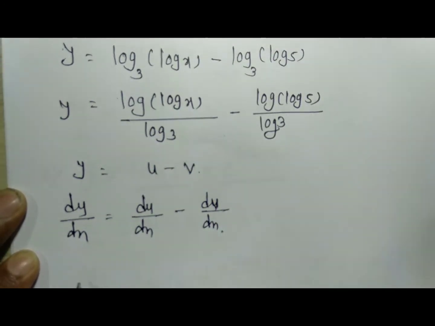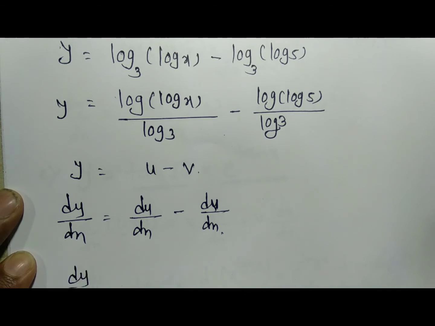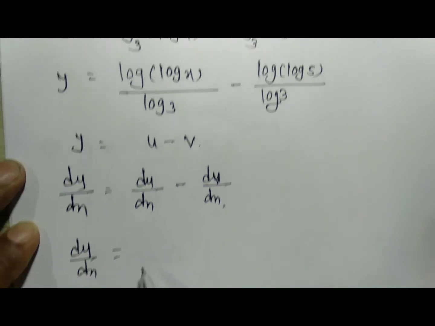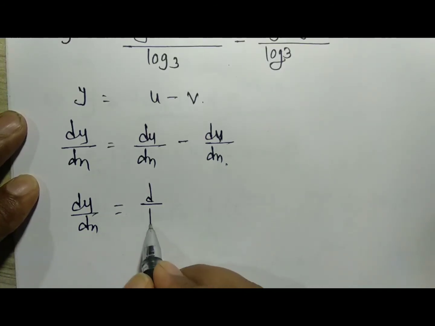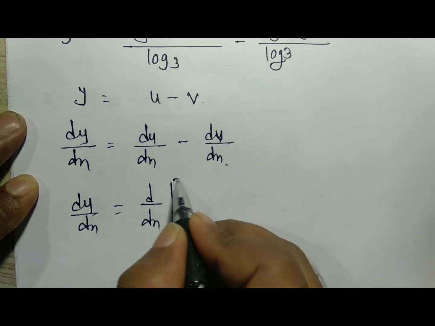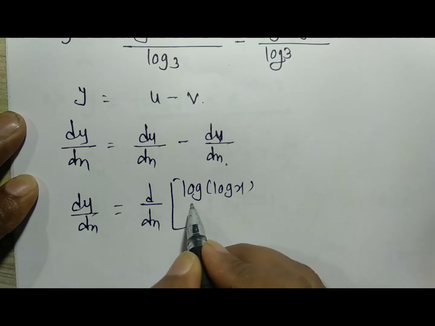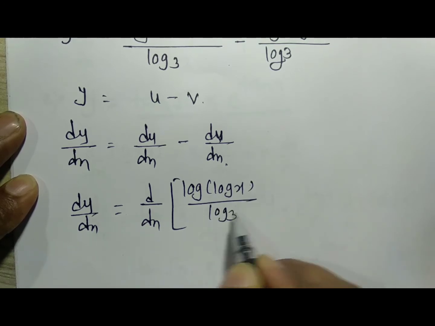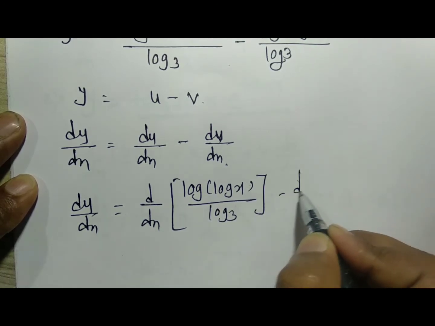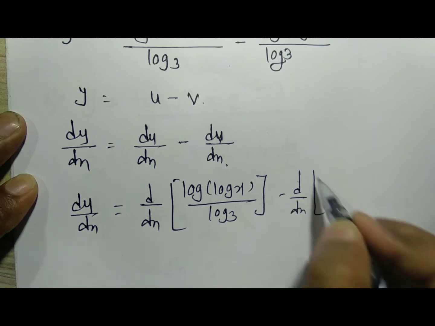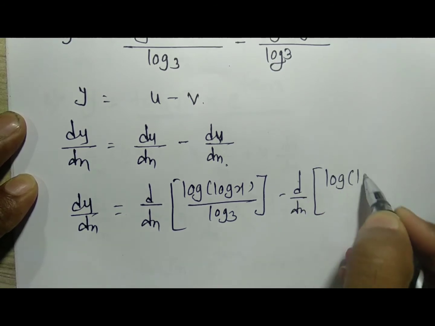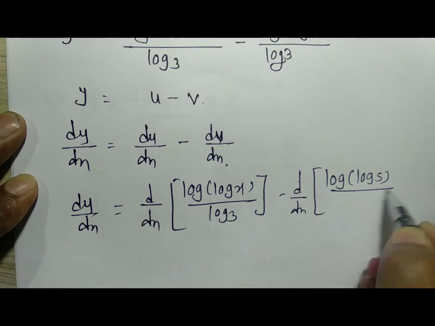First of all, dy by dx is equal to d dx of, inside the bracket, log x divided by log 3, minus d dx of log 5 divided by log 3.